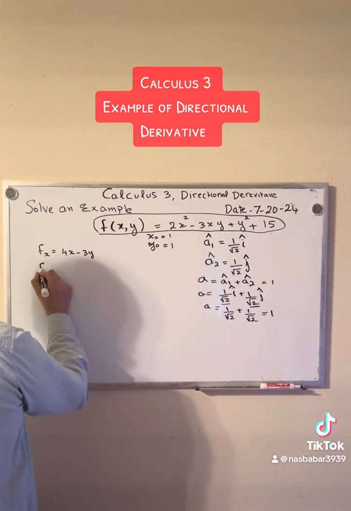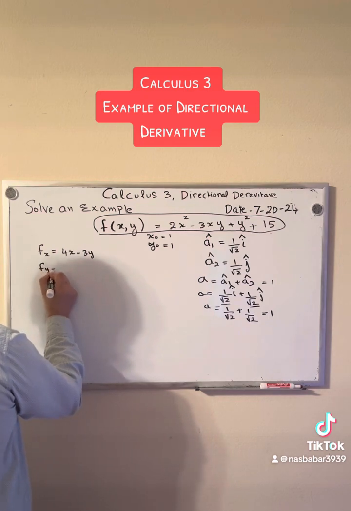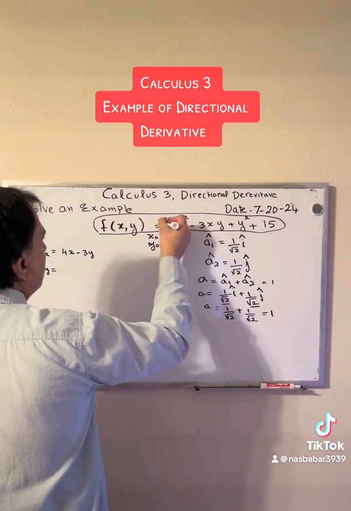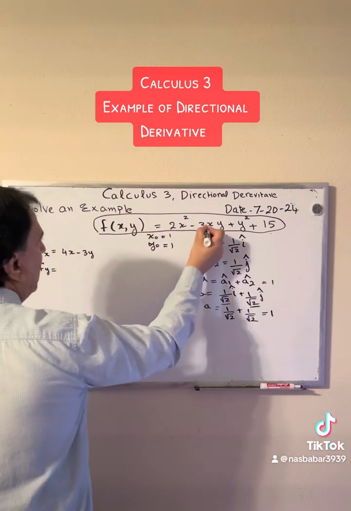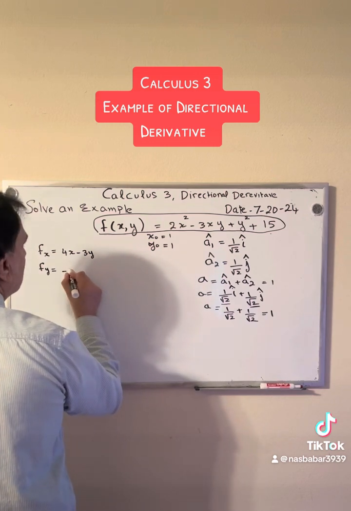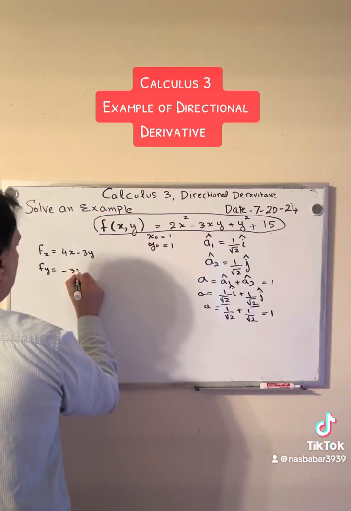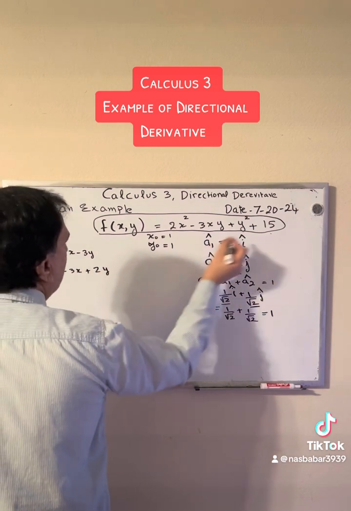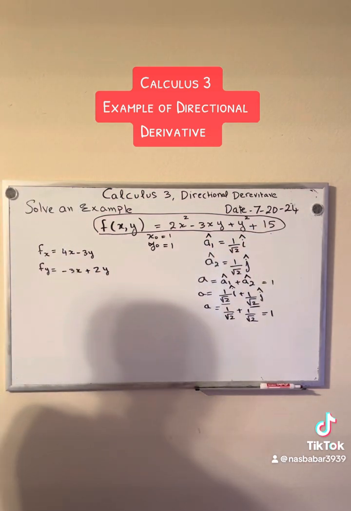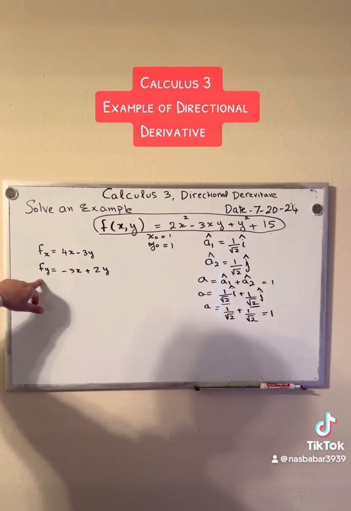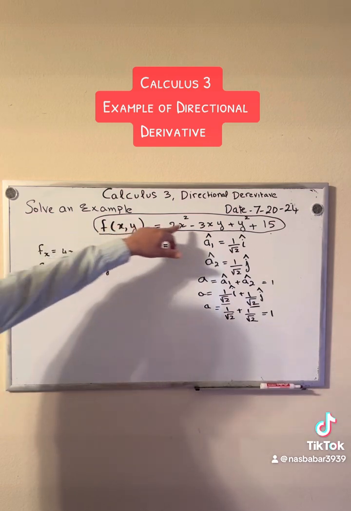Now find f subscript y, the partial derivative with respect to just y. I'm going to treat x as a constant. I'm going to take the derivative of minus 3xy, and I get minus 3x plus 2y. 15 is a constant. So ladies and gentlemen, we got the derivative with respect to x and the derivative with respect to y for this function.